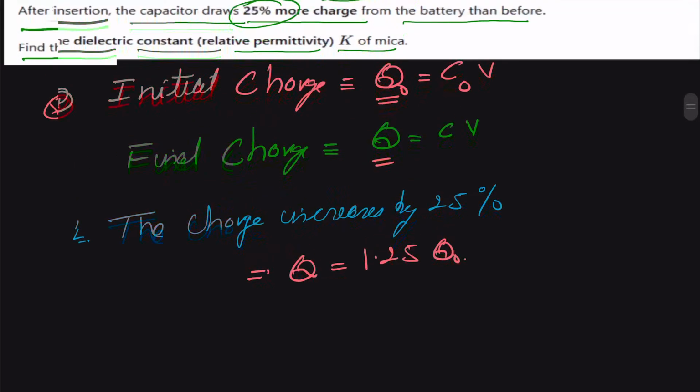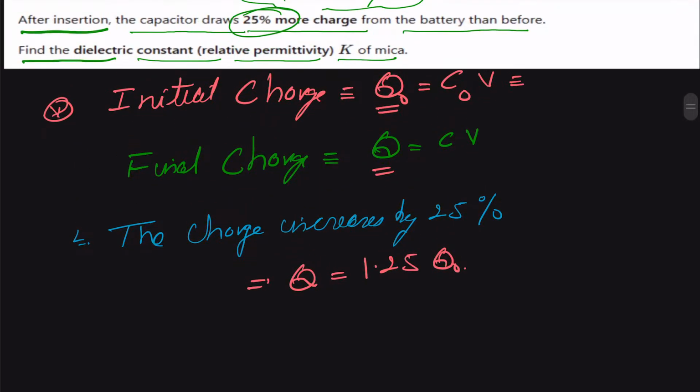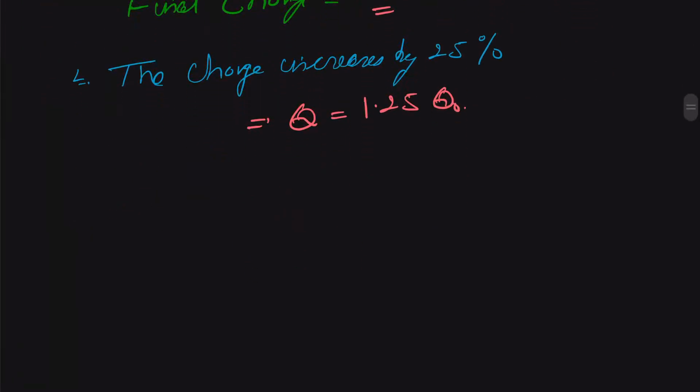Please remember, initial means without dielectric, and final means with dielectric. This is the difference between initial and final. Let us substitute Q and Q naught in terms of CV.